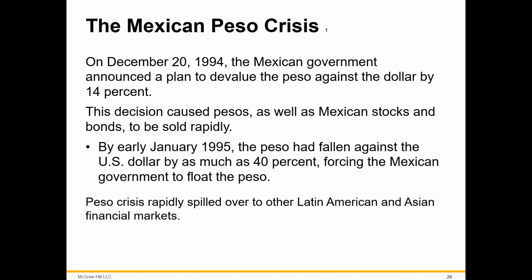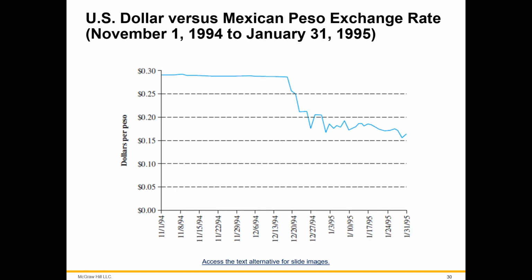And this was basically the end of a peg-like arrangement and the start of the free float. So with the massive collapse of the peso relative to the dollar, that caused a sell-off of Mexican pesos, but also other Latin American and Asian currencies, and so that crisis sort of spread to other countries in the mid-90s.